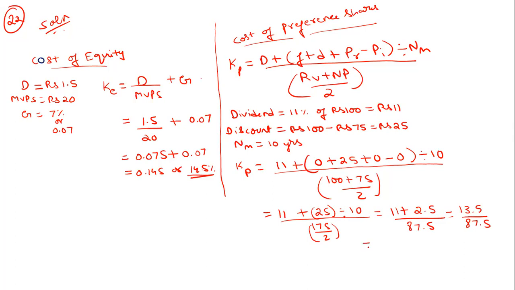What is the answer now? 0.1543, that is 15.43%. That's all about the preference capital, correct?